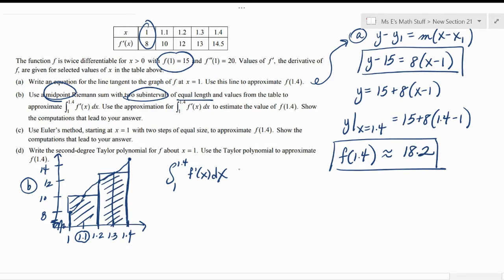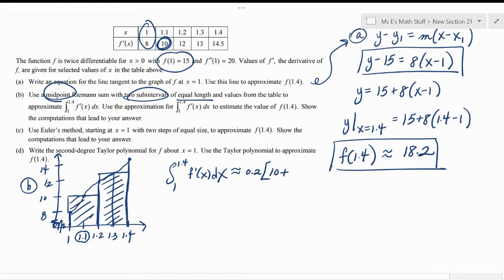And so we would say that the area under the curve of f prime on the interval from 1 to 1.4 would be approximately, let's see, the base of each of these is 0.2. And then you'd multiply 0.2 times the height of the first rectangle, which would be 10 here.